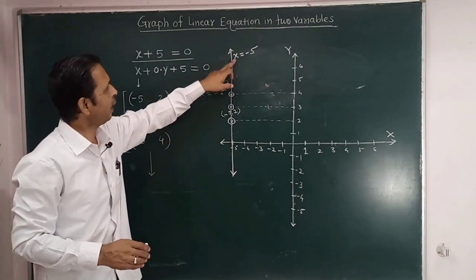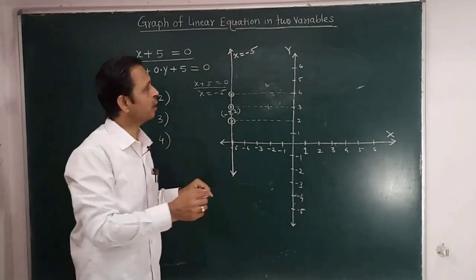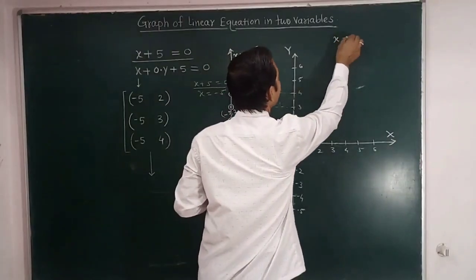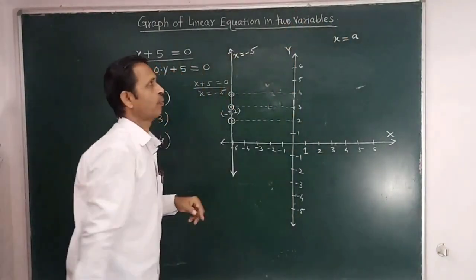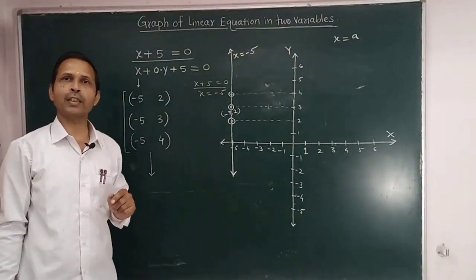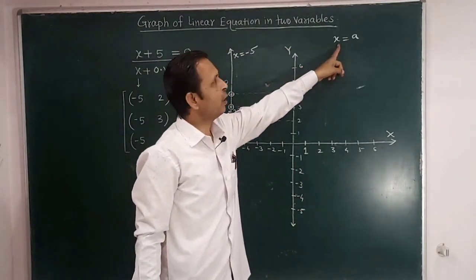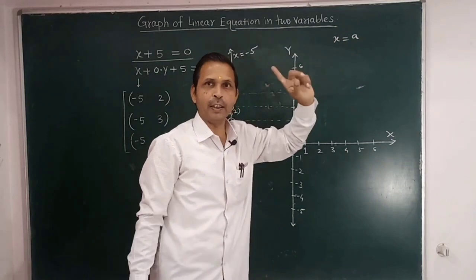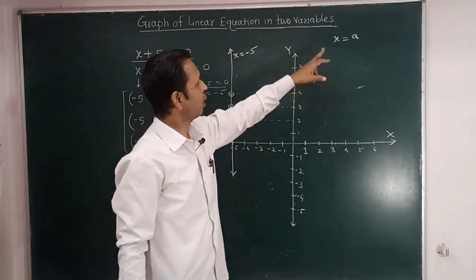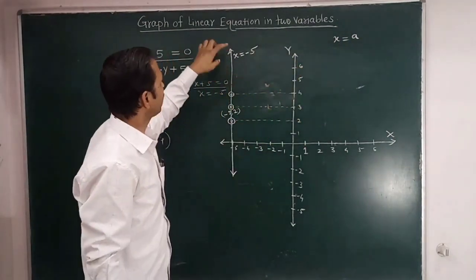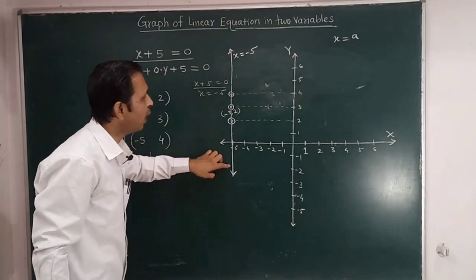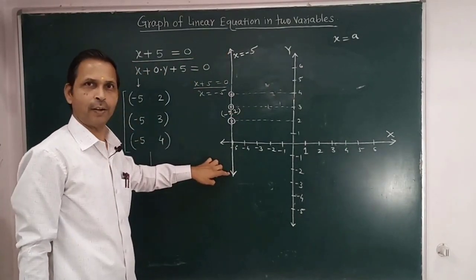Now suppose here x is equal to 5, the equation is in the form x is equal to a. This is the linear equation in one variable, x is equal to a. The graph of such a type of equation is parallel to the y-axis. See here.